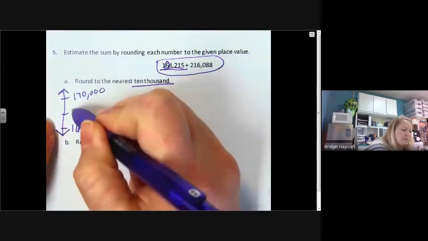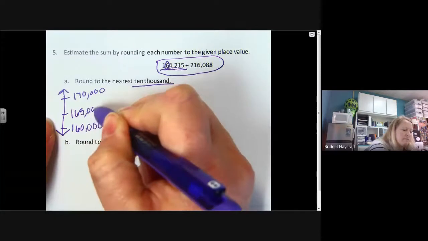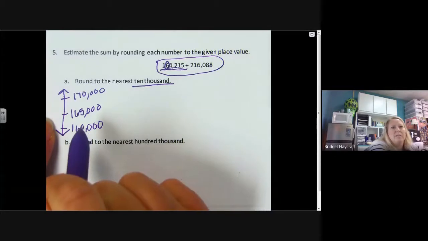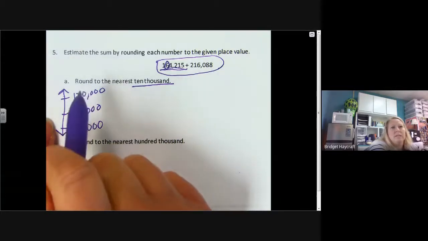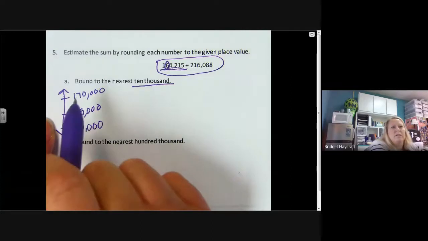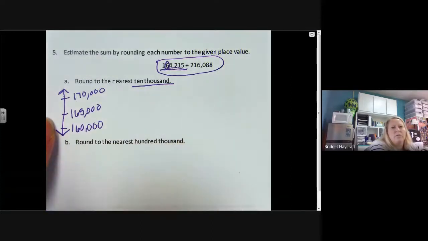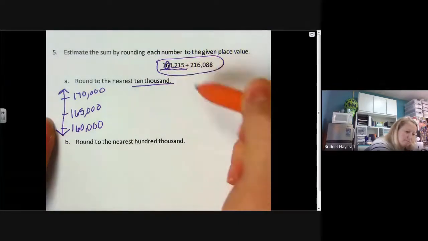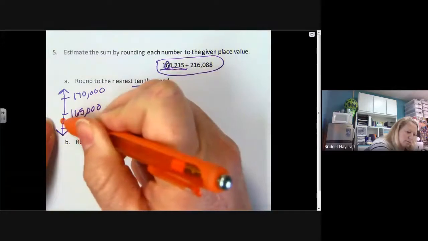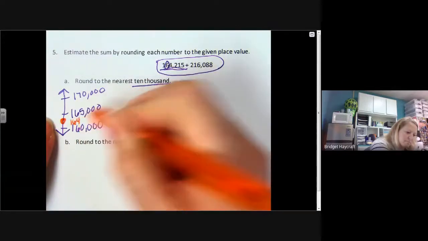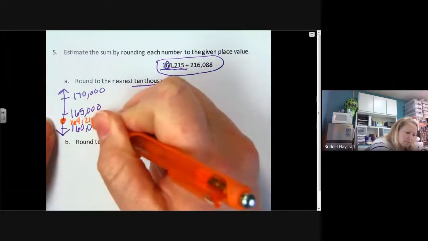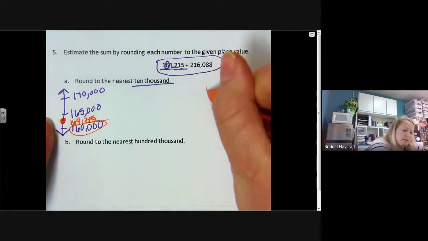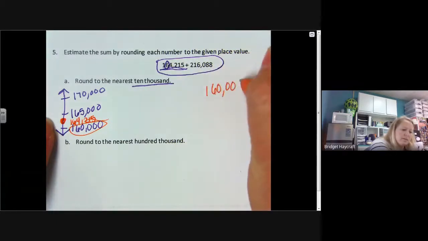My midpoint is going to be 165,000. And how I do that is I just find the middle between 160,000 and 170,000, which is 165,000. Then I put my number on the correct spot. 164 is going to be down here. Circle this one. So I know that's going to be my first number. So I'm going to come over here and write down what that is rounded to.